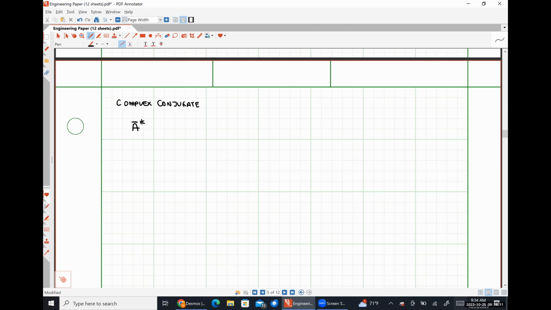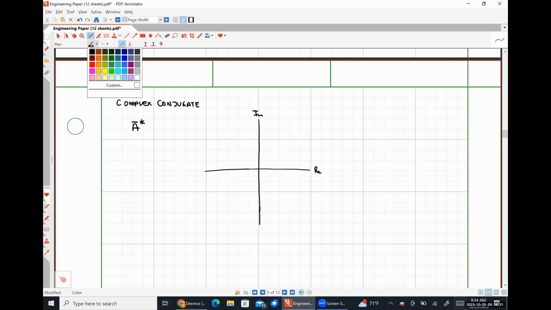Let me graphically describe what the conjugate operation entails. And then once we know that, we can figure out what's going to happen here. So this is my real axis. This is my imaginary axis. I have my generic complex number A out here. That is A units out in the real direction, B units out in the imaginary direction, and has some phase angle theta A like so.